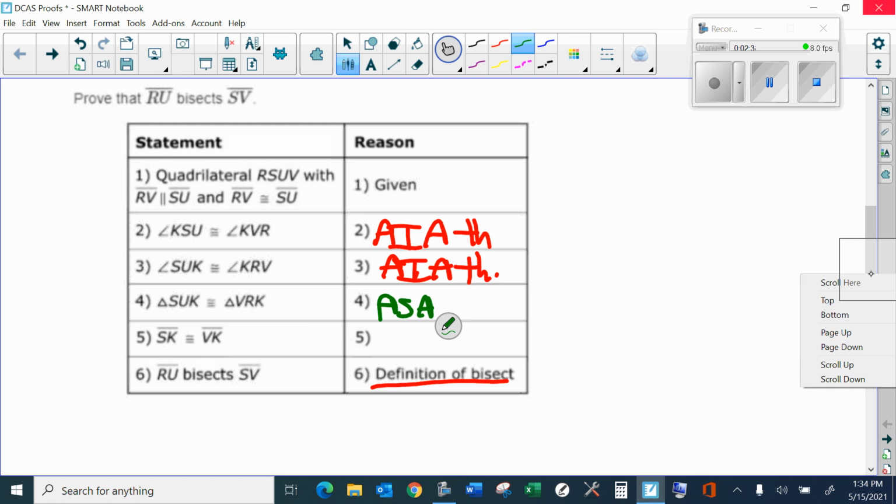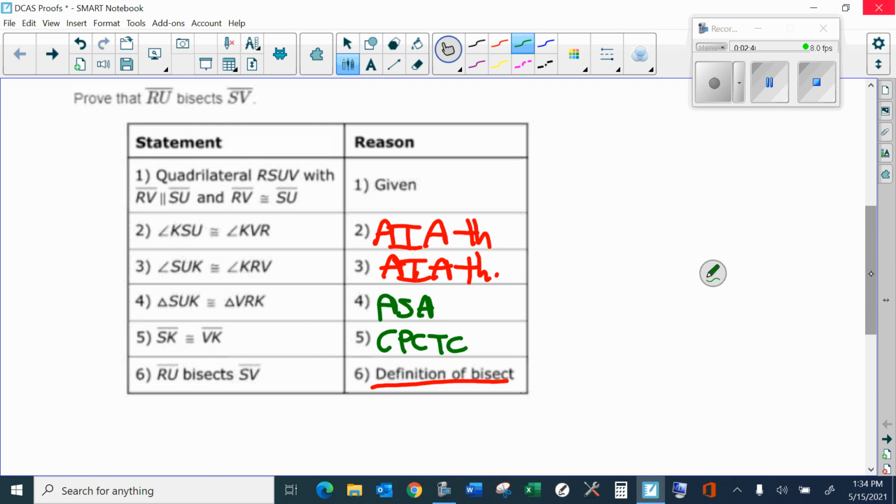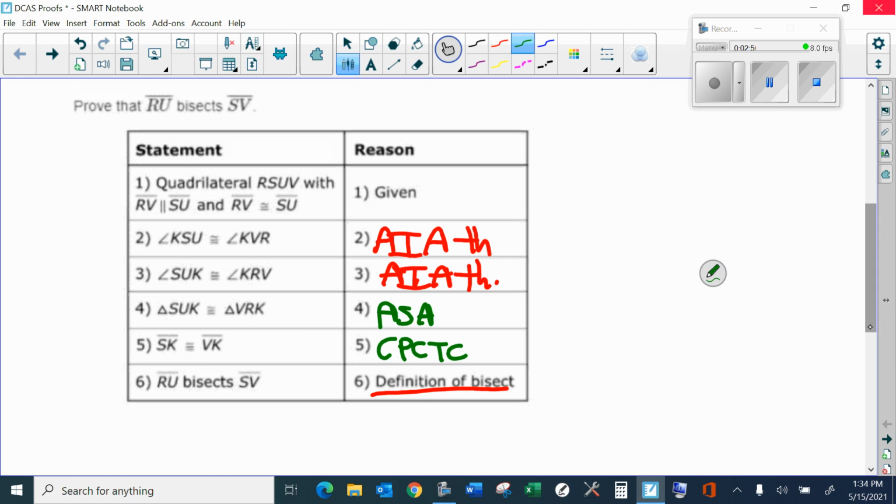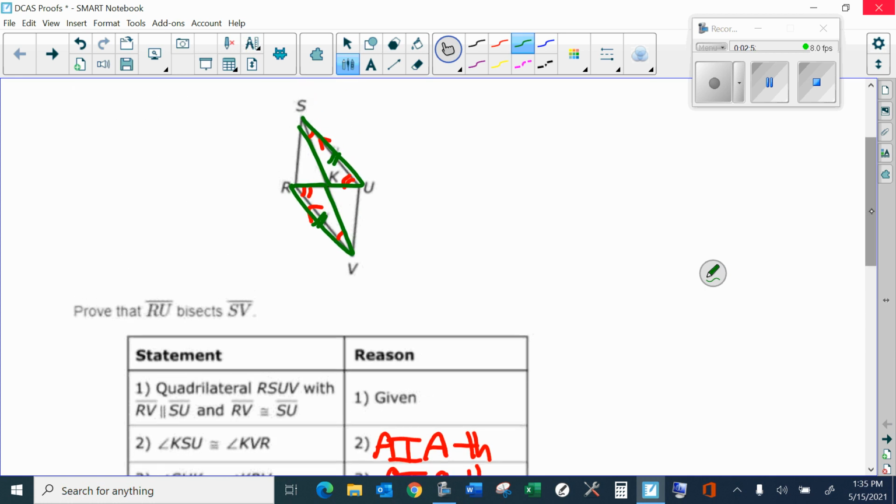Any other corresponding parts are congruent by CPCTC. Okay, so now we have SK is congruent to VK, which would make them bisectors.